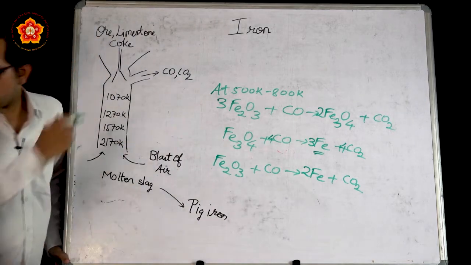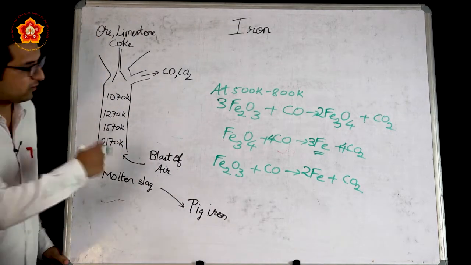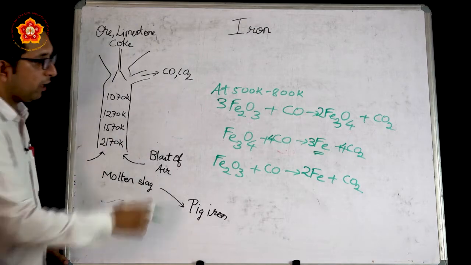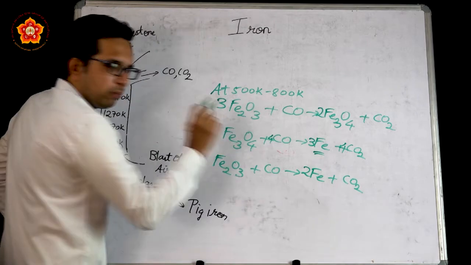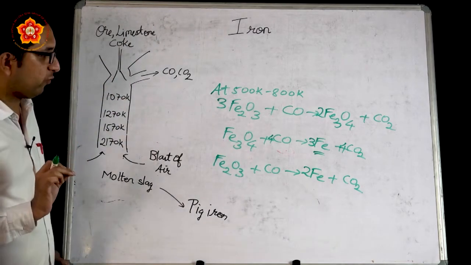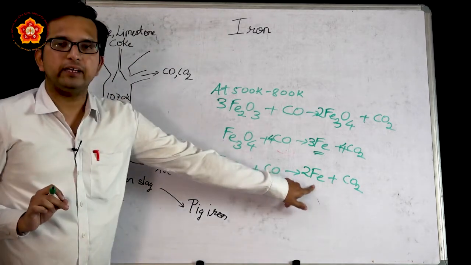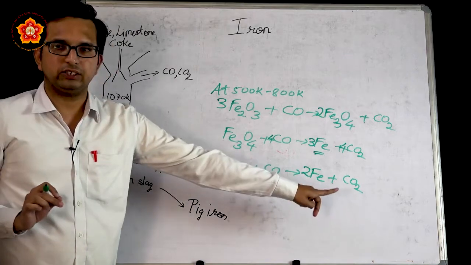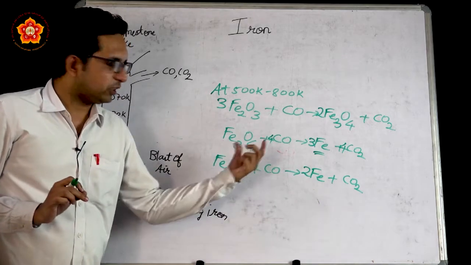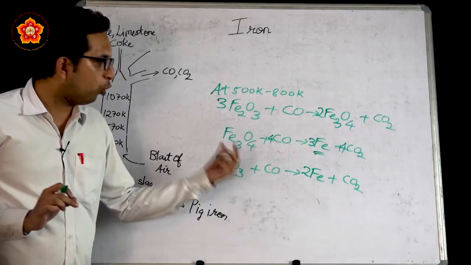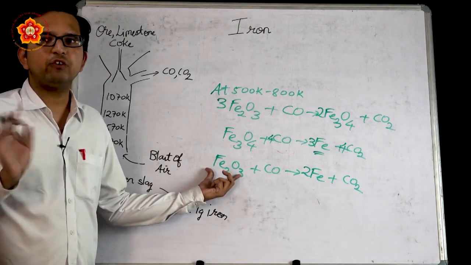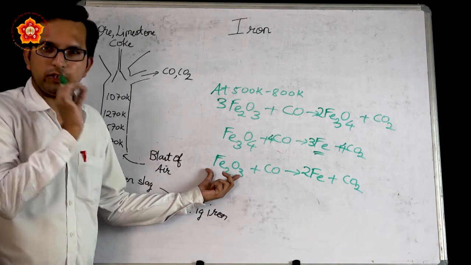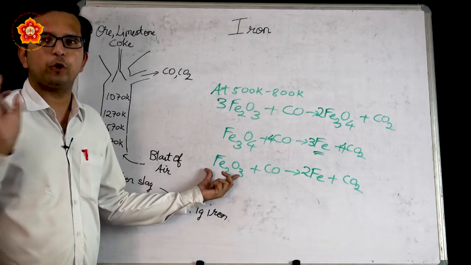For the sake of balancing, these oxygens will be stable only if oxides of iron are being formed. This reaction is going to be important for us only if the oxide of iron is going to be stable. Otherwise, this will not be a suitable industrial process for us.